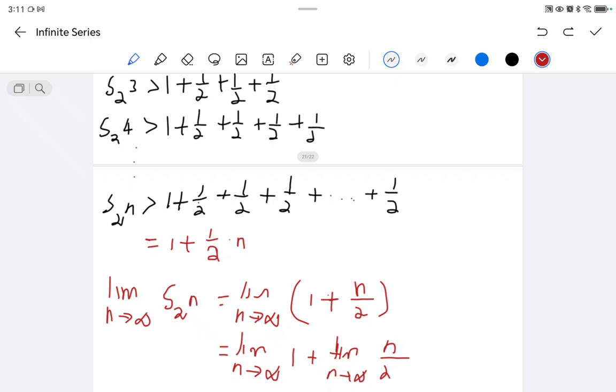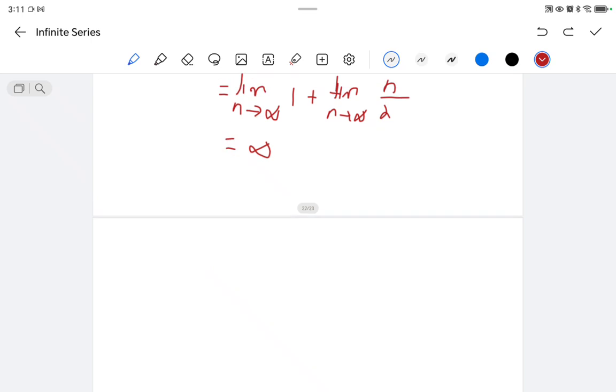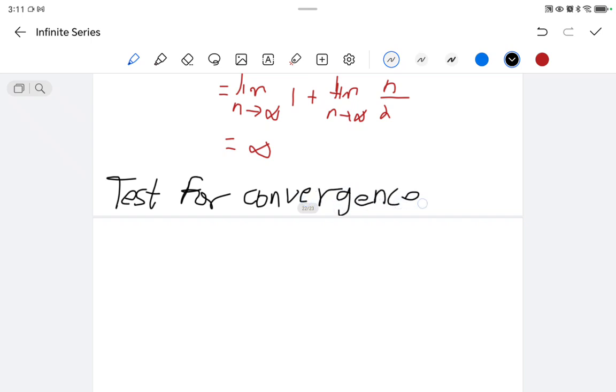Now since we're done, I'm going to send you guys some questions based on the telescoping. Sadly we can't do them, I wish we could, but we won't have time. So we're going to look at tests for convergence, because there we were looking at the harmonic series, and we did consider the integral test.